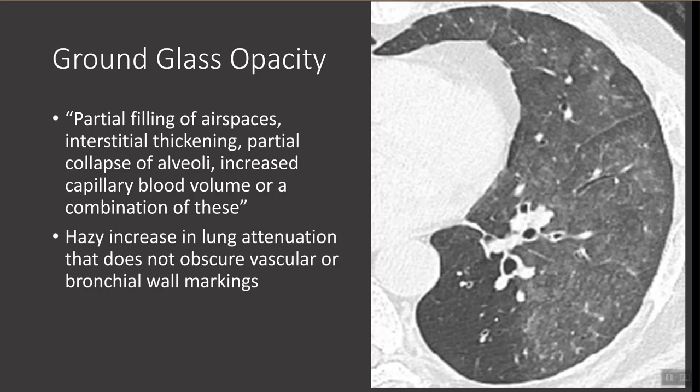When we see this on CT, what we'll see is just a generalized area of hazy increased lung attenuation. In distinction to consolidation, we'll note that the areas of increased lung opacity will not obscure or distort underlying bronchovascular markings. So here we could see that this whole area in here all represents ground glass opacity.